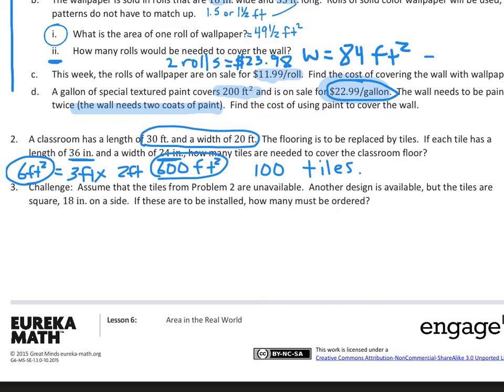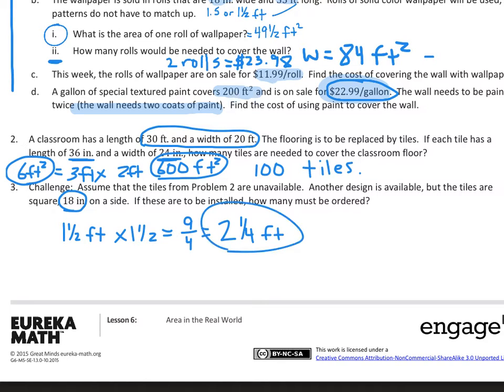Okay, so for number 3, same thing. We need to transfer 18 inches into 1.5 feet on each side. So 1.5 times 1.5, 3 halves times 3 halves, is going to be 9/4, which is going to be 2 1/4 square feet.